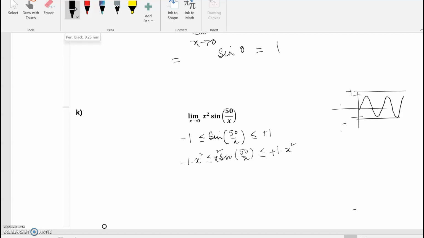So this is x squared sine 50 over x less than or equal to x squared, and greater than or equal to -x squared, which means it lies between -x squared and +x squared.